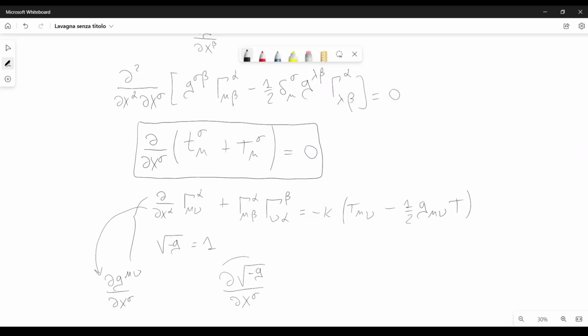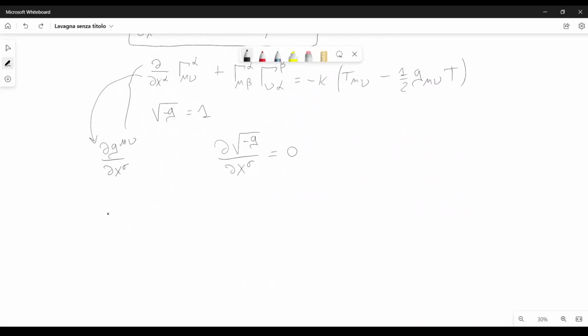And of course, this will give 0, since the square root of minus g is equal to 1, therefore it is a constant. So this will give 0, and when we multiply by this term, we can avoid considering this term because it will give 0 contribution. So here we get d g mu nu with respect to x sigma, and remember that in previous lectures we rewrote this term as, by definition, g mu nu sigma, written like this.